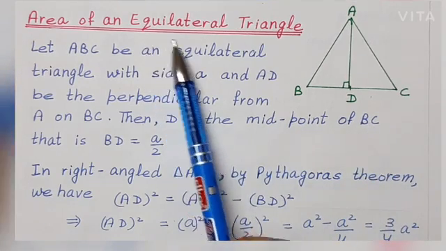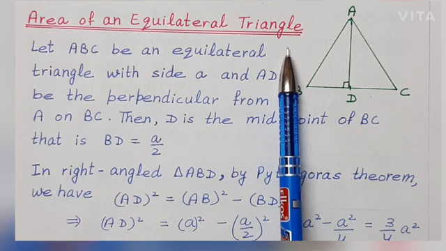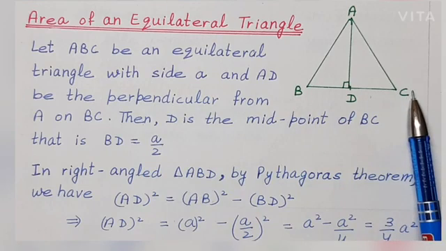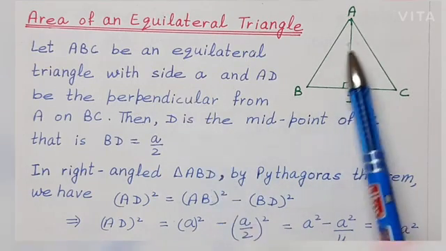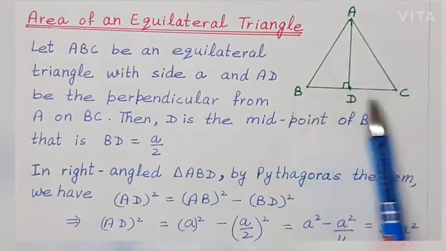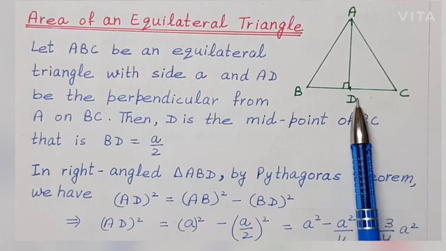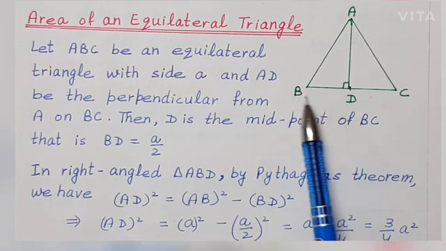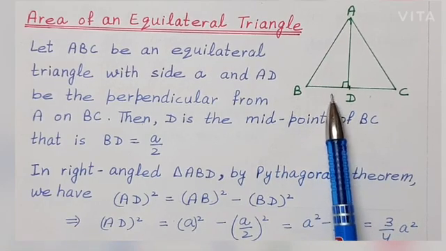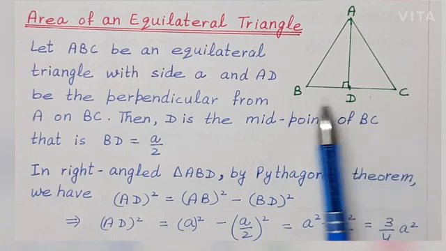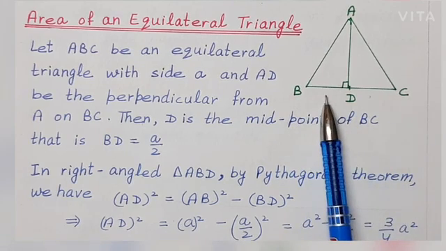Let ABC be an equilateral triangle with side a and AD be the perpendicular from A to BC. Then D is the midpoint of BC. So let us assume BD as a upon 2, because BC we have assumed as a, and half of a is a by 2.